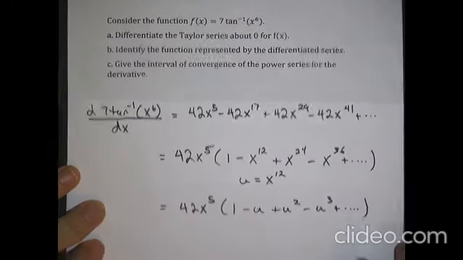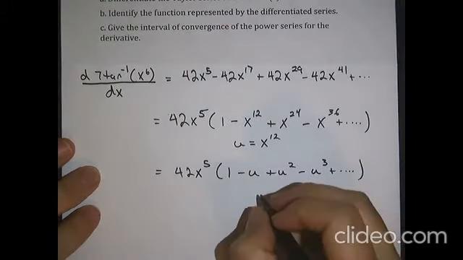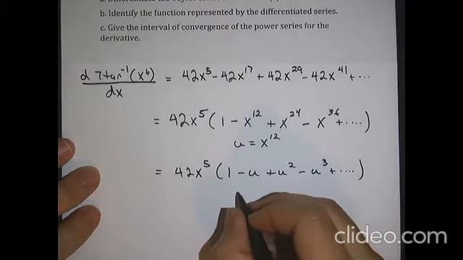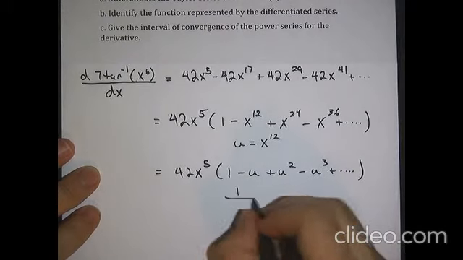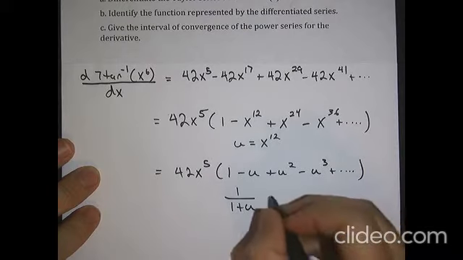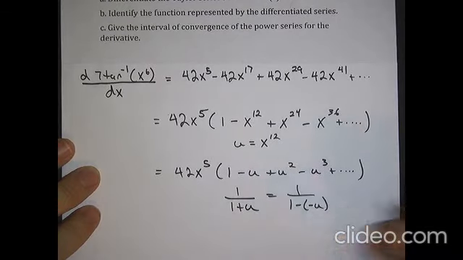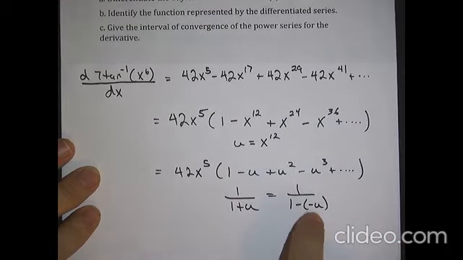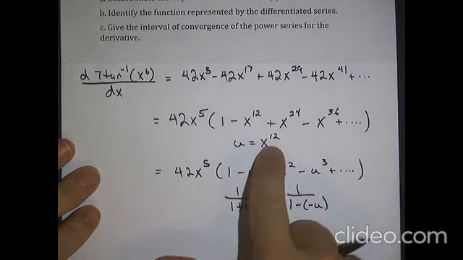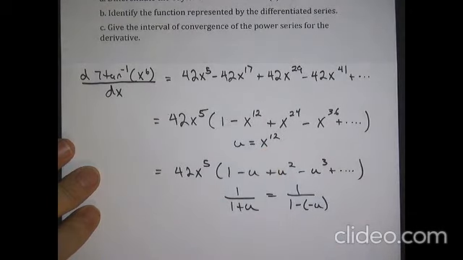That's looking even more like a geometric series. If we had a geometric series that was 1 over 1 plus u, which is 1 over 1 minus a negative u, that's what we're looking at there. So our r in this particular case is negative u, or negative x to the 12th.